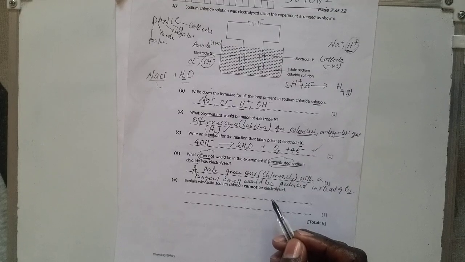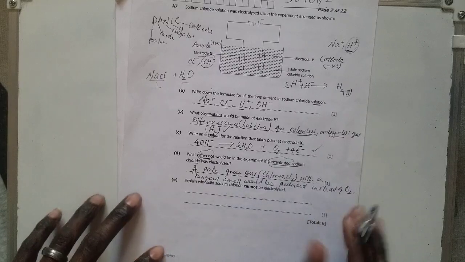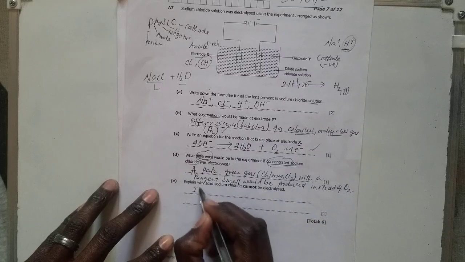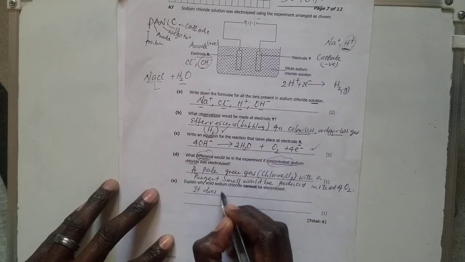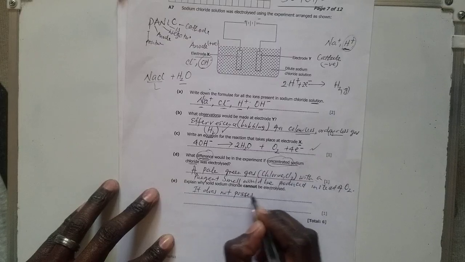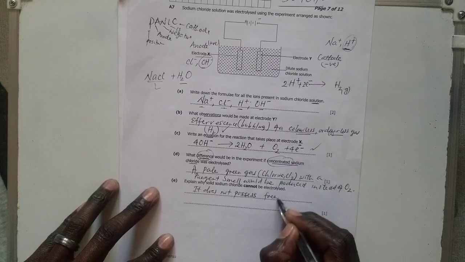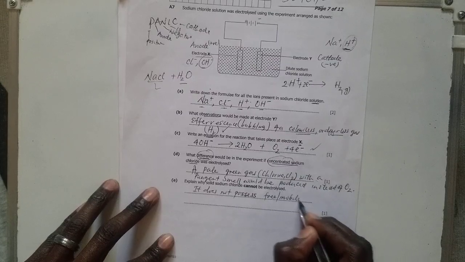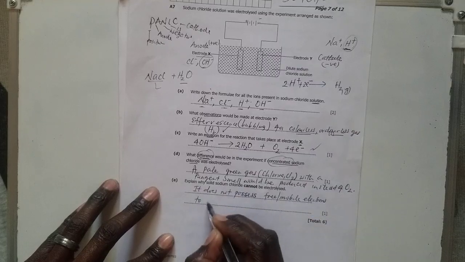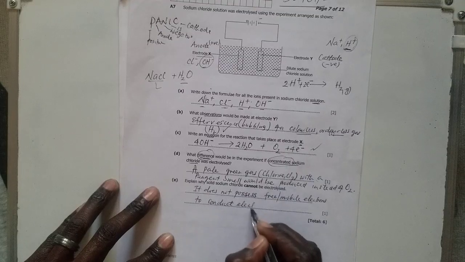The reason is very simple: solid sodium chloride does not possess free or mobile ions to conduct electricity.